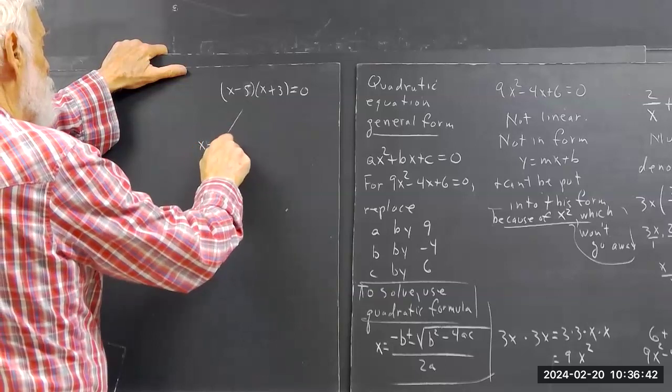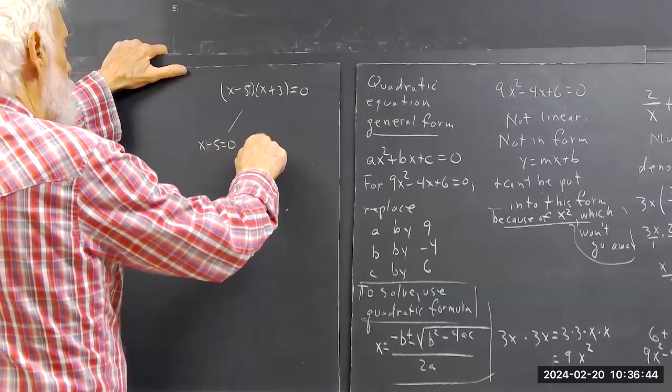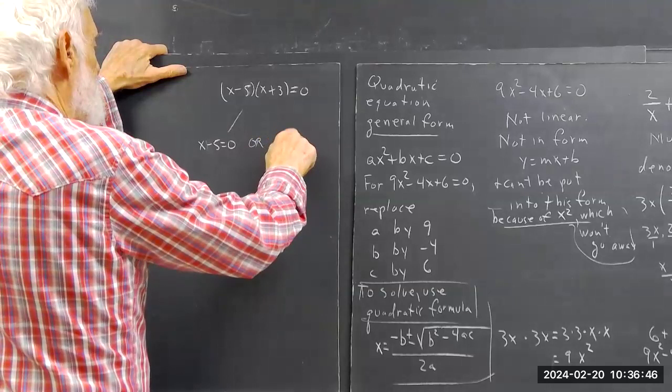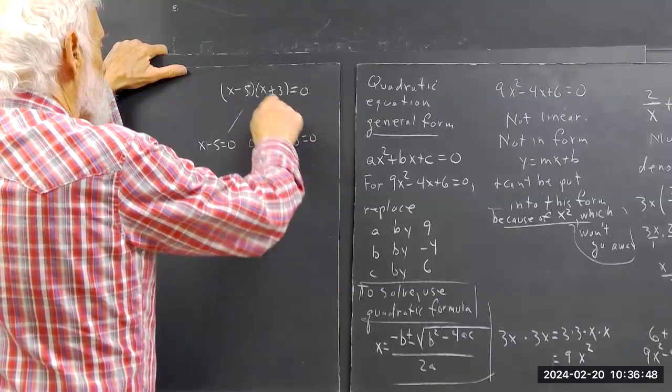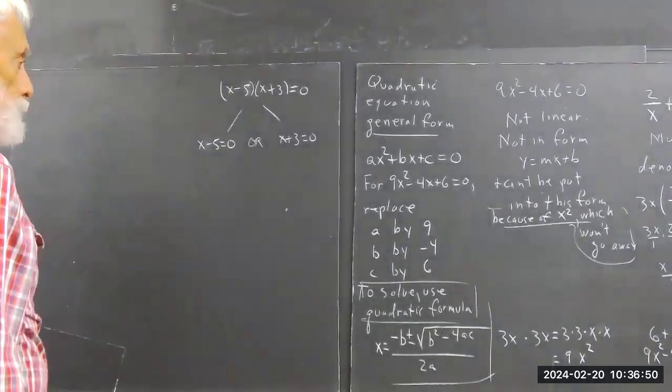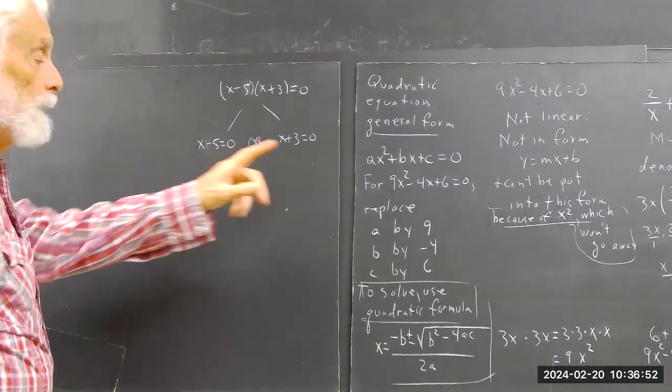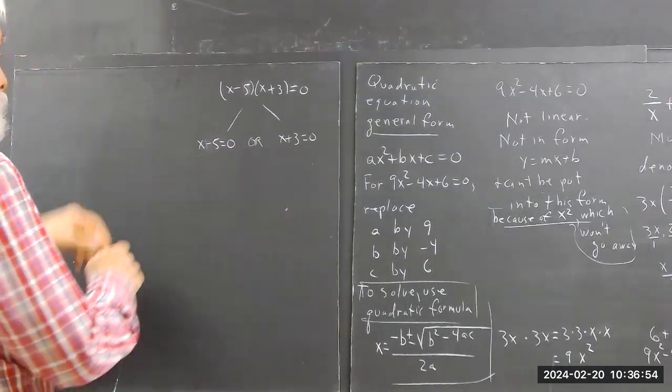X minus 5 equals 0, or x plus 3 equals 0. We can solve both of these equations very easily.